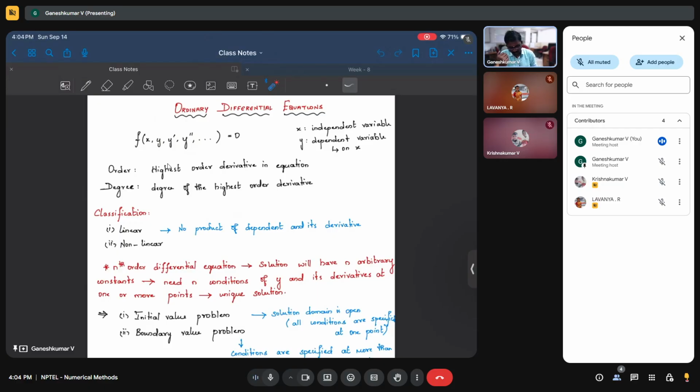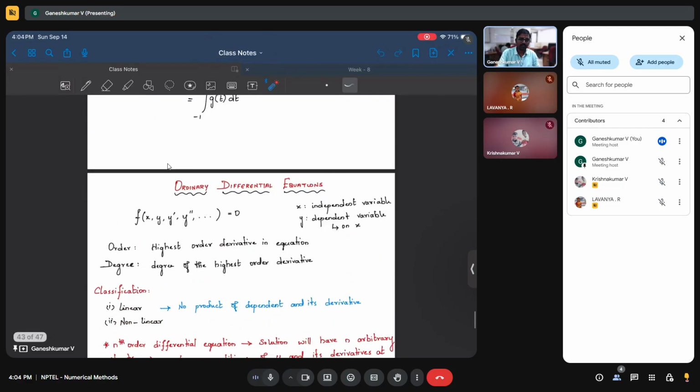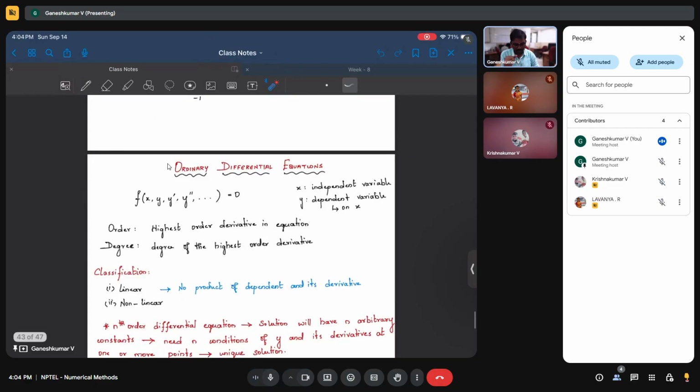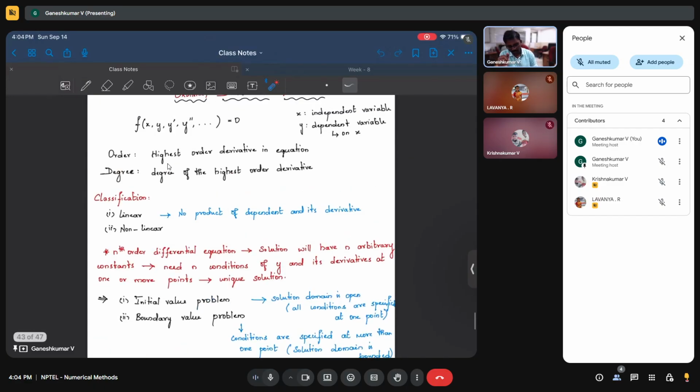There is also another set of equations called partial differential equations, where you have multiple independent variables. For example, if you take a temperature field or electric field, these fields vary in the x, y, and z directions.